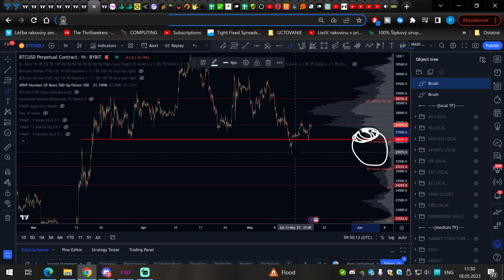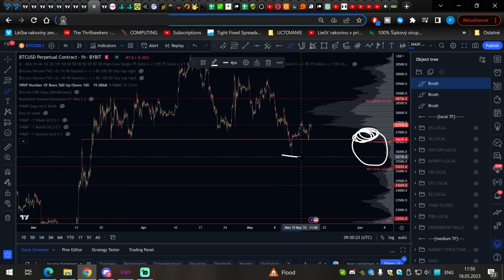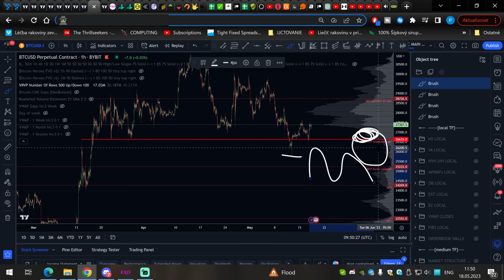Market hates inefficiencies. It wants to fill them, because it wants to test the waters to see if you find support there or not. If you lose this low, we can expect another range probably here, so we can fill this low volume void, and the market becomes more efficient and builds more solid foundations to the upside.